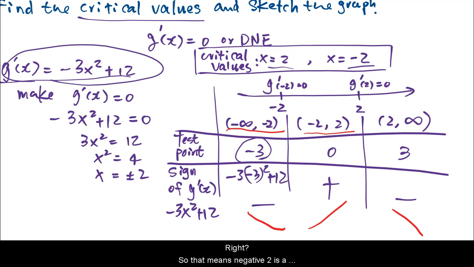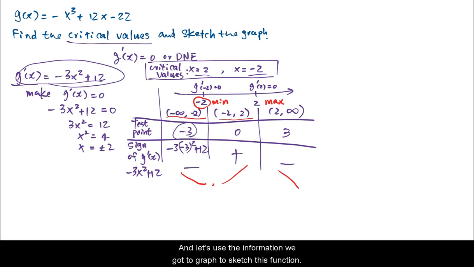So that means negative 2 is a local minimum, whereas 2 is a local maximum, or relative maximum. And let's use the information we got to sketch this function.